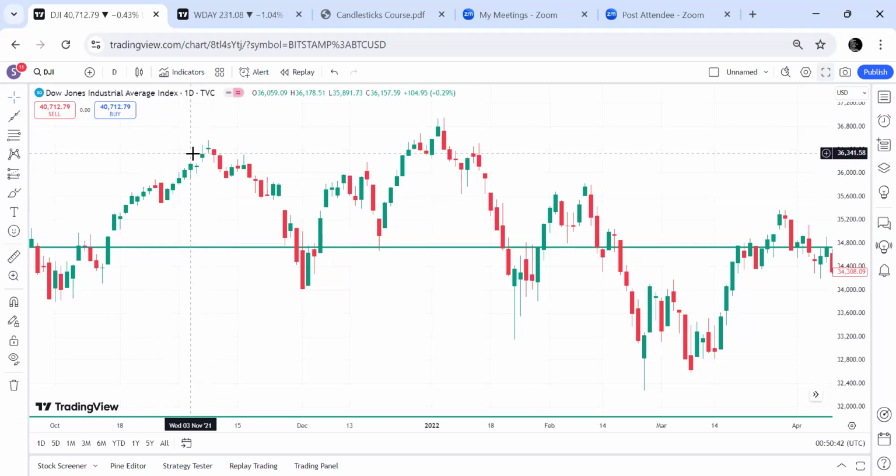On 3rd and 4th November the hanging man had formed, and on 5th November the inverted hammer had formed, signaling the sellers were going to take control. And from 10th November, it fell from 36,000 to 33,000, approximately 3,000 points down.